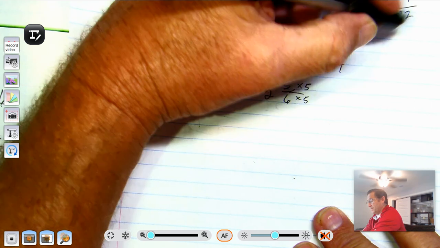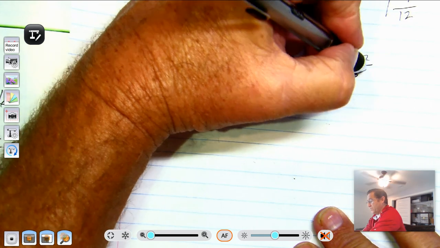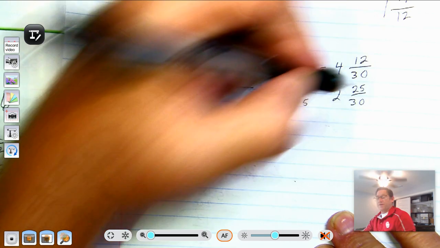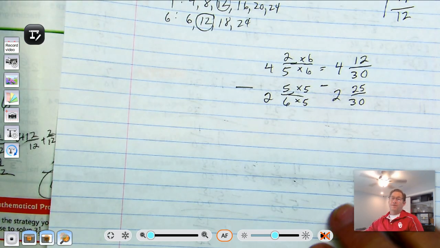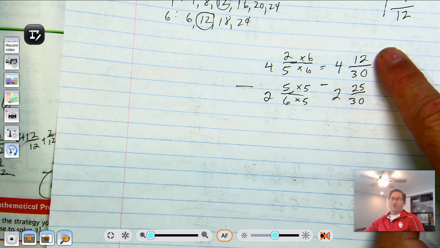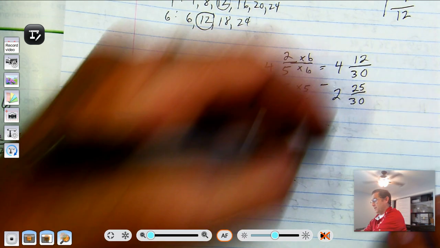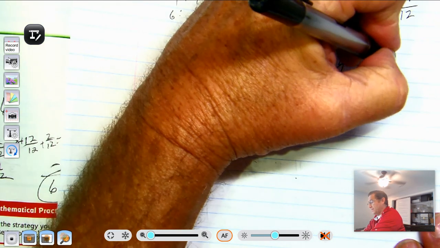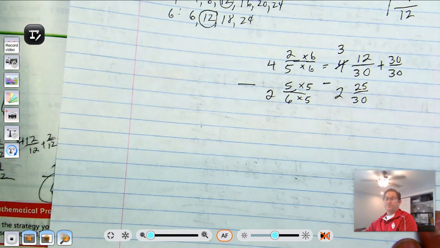So equivalent mixed numbers are 4 and 12/30ths minus 2 and 25/30ths. Can't take 25/30ths from 12/30ths. So let's rename the whole number as 3 plus 30/30ths.